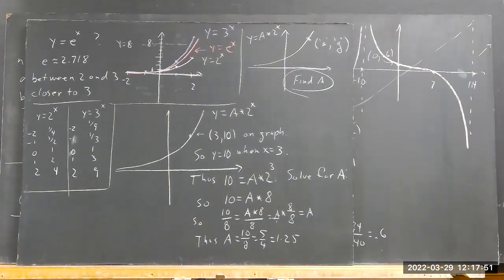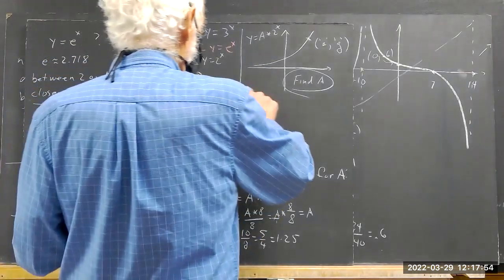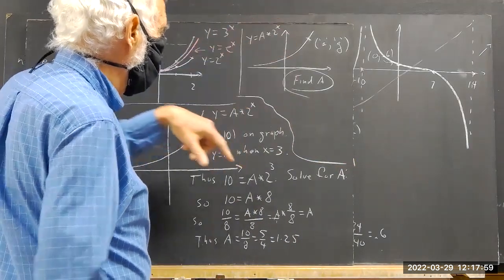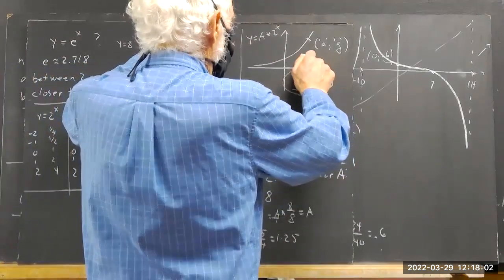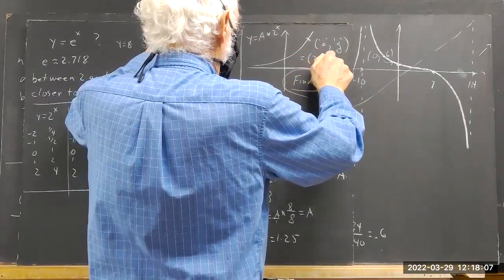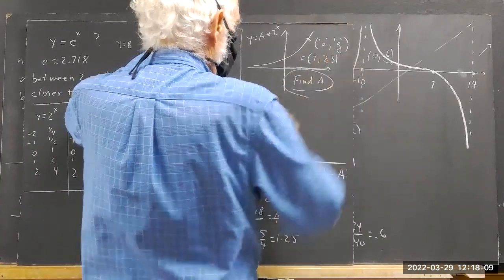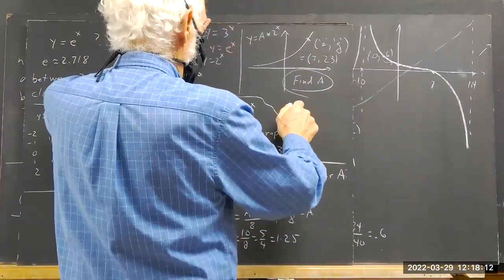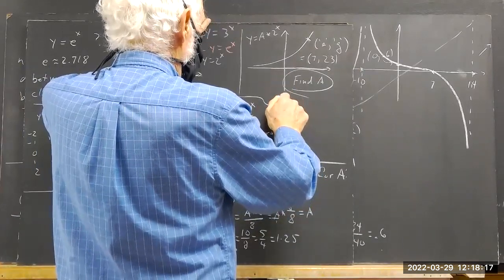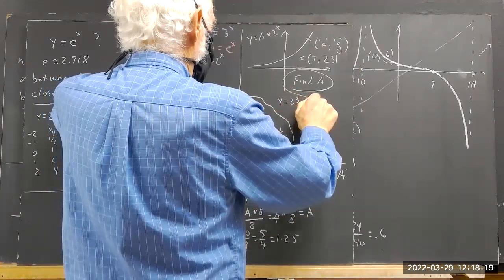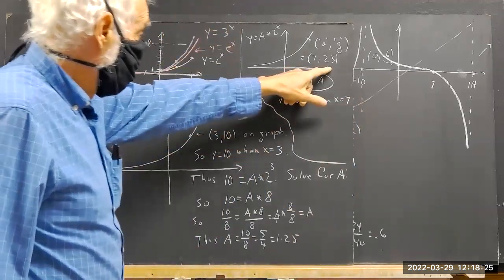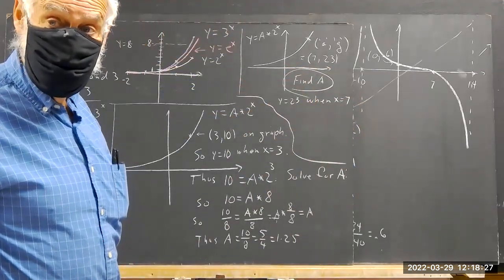Okay, so we can easily do this in just a few steps. If y equals a times 2 to the x, and the point is, let's say, 7 and 23, then the logic is y is 23 when x is 7.